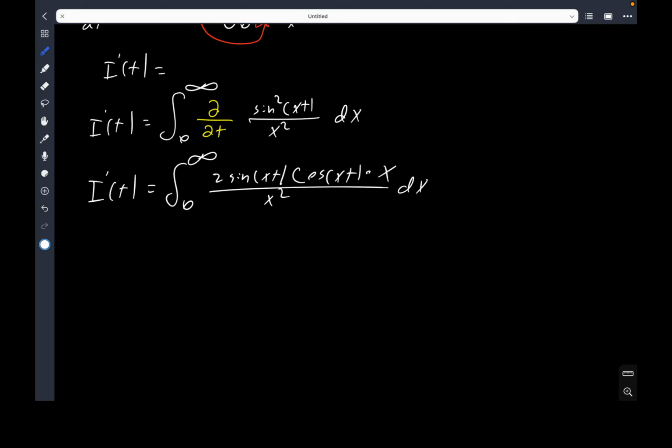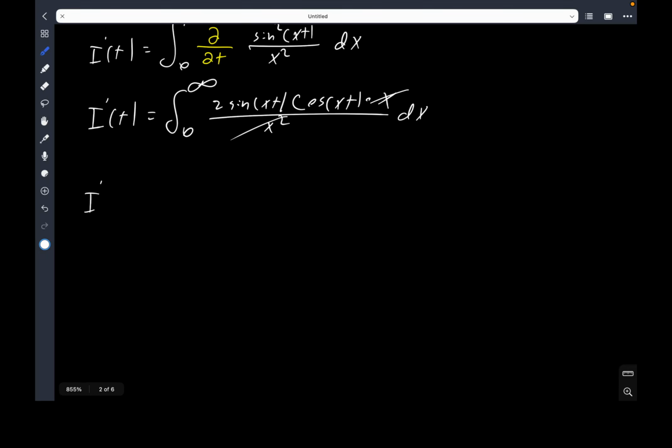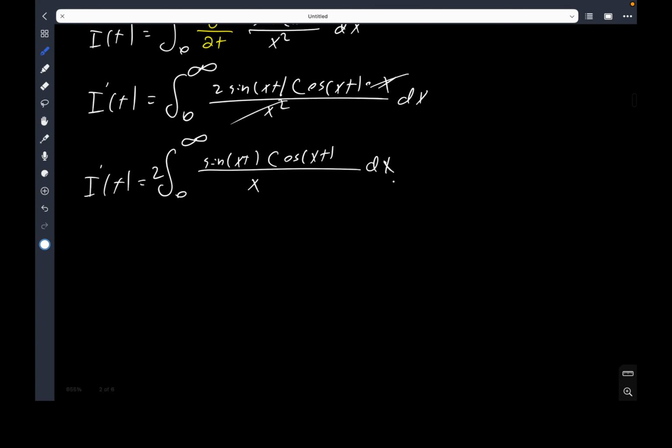We can cancel these, and I prime of t is the integral from 0 to infinity of 2 sine xt cosine xt over x dx.